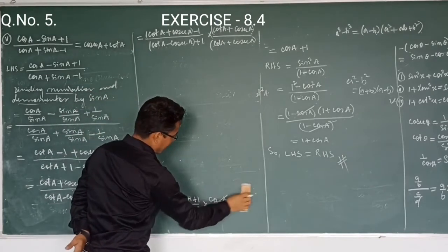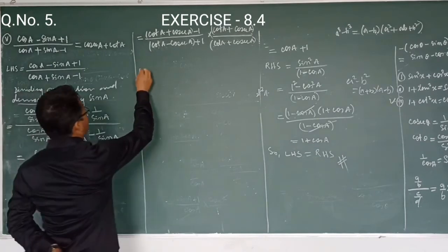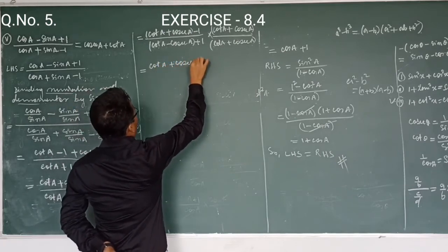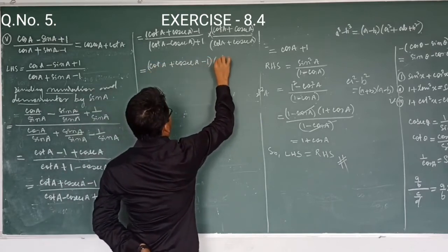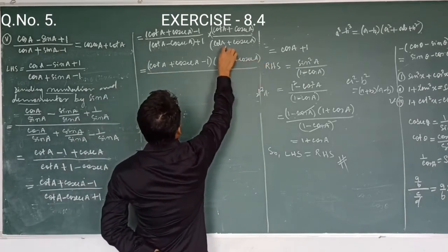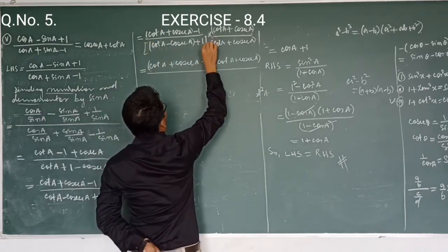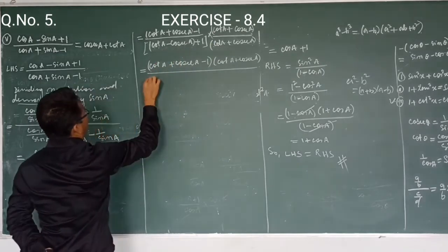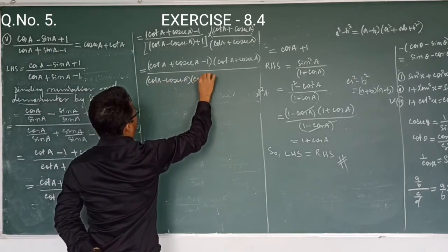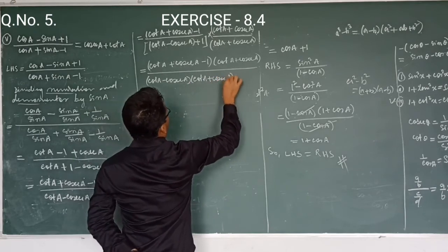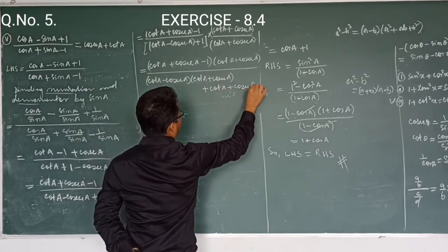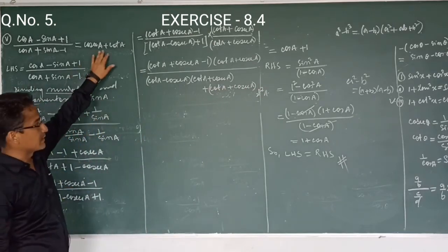Then we get cot A plus cosec A minus 1 times cot A plus cosec A. And if I multiply this here, I will get cot A minus cosec A plus 1 times cot A plus cosec A, and this multiplied here gives cot A plus cosec A. So remember, this is our right hand side.